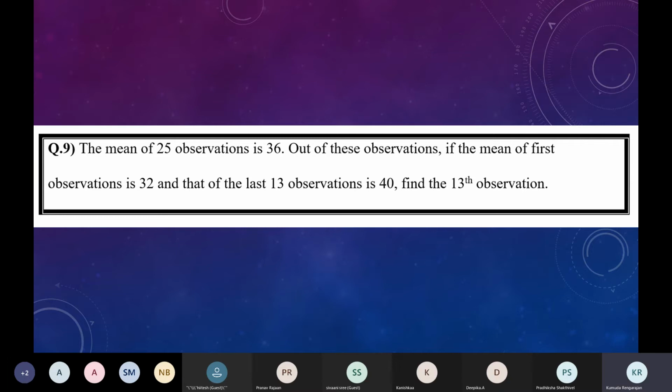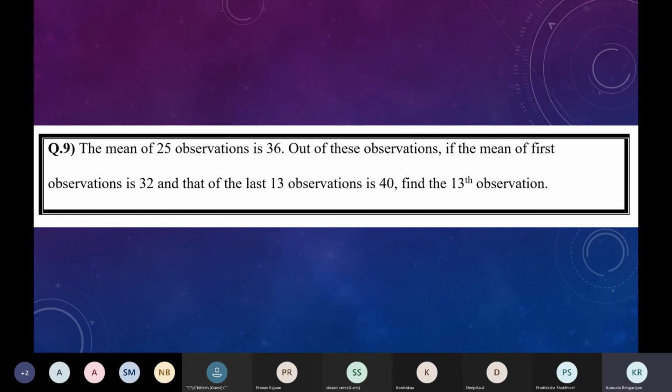The 4th observation is the middlemost observation. So if you want to find the value of the middlemost observation, the sum of the first 4 observations plus the sum of the last 4 observations minus the sum of all the observations will give it. We verified that we got 10.